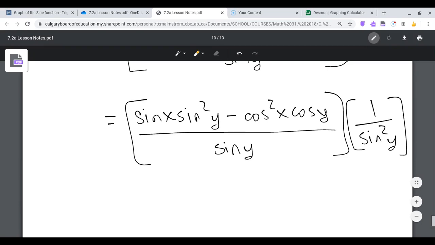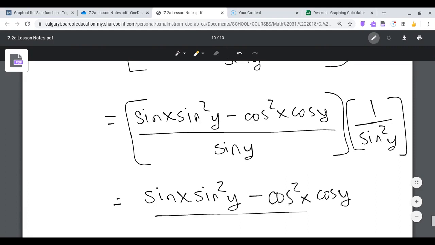And then on the top, what are we going to do with that top? Okay. I think I see what's going on here. Sine x sine squared y minus cos squared x cos y all on sine cubed y.